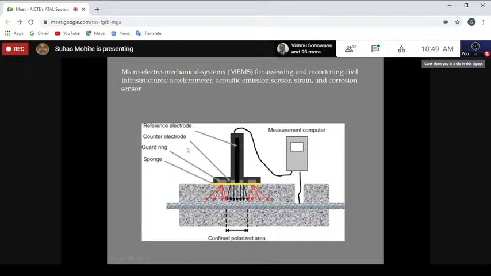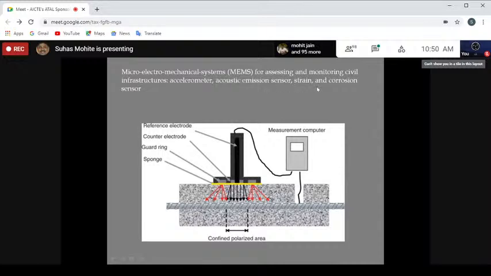So there is a reference electrode, a counter electrode, and a guard ring where these sensors are fitted, and then you have a sponge used for impedance matching on the surface of the concrete. You can get various kinds of signals, on the basis of which the health of the structure can be assessed, and that will help us in avoiding catastrophic failures such as sudden breakage of bridges and big, tall buildings. So this is an important boon for us.